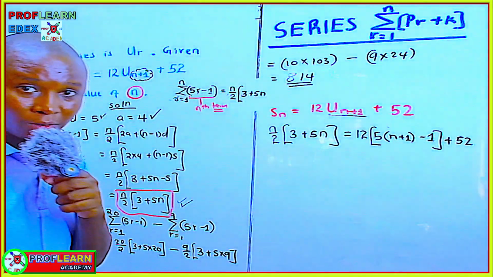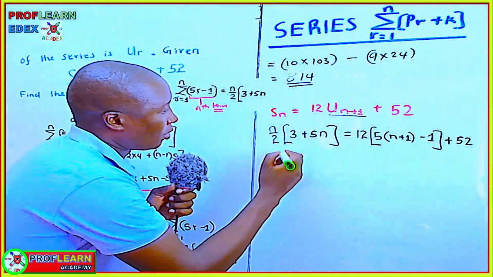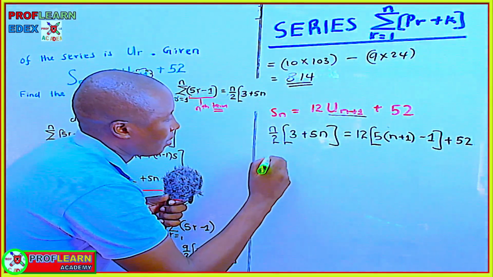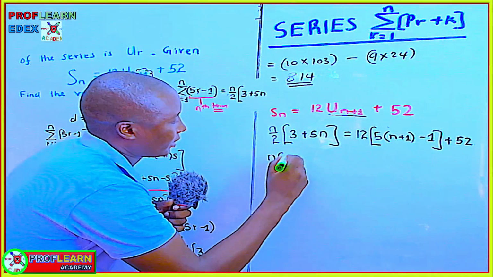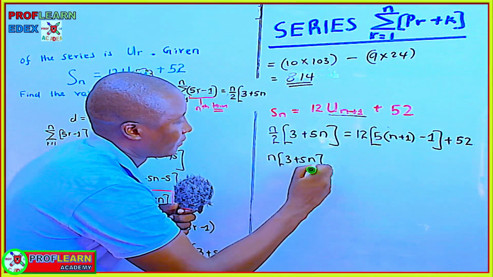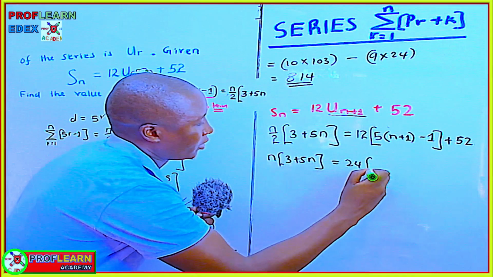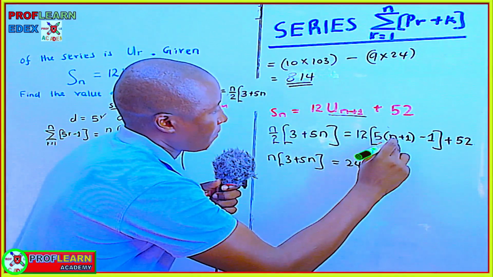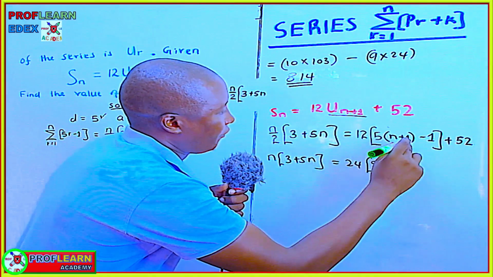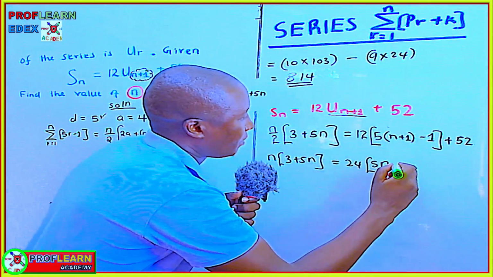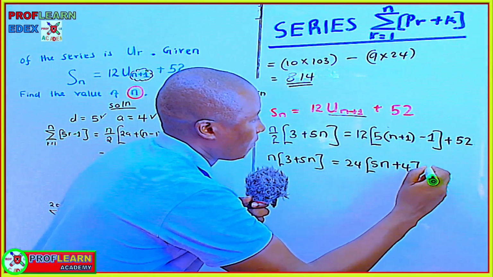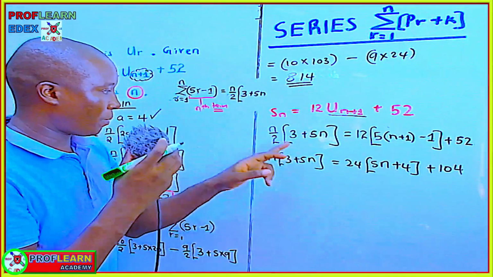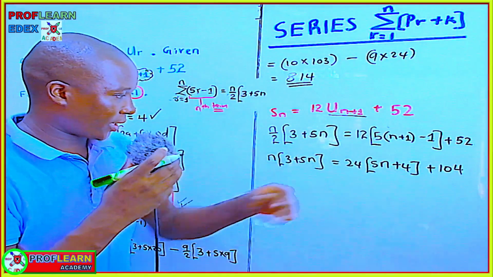That is the expression that we are going to write. So if we multiply both sides by 2, we end up having n into bracket 3 plus 5n is equal to 24 into bracket 5n plus 5 minus 1, that becomes plus 4, plus 52. Because if I multiply 2 all through, it's going to affect these numbers.